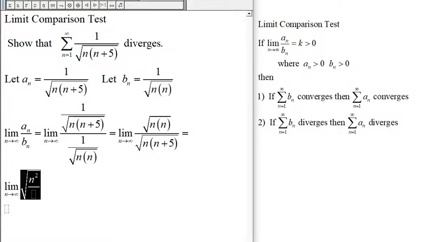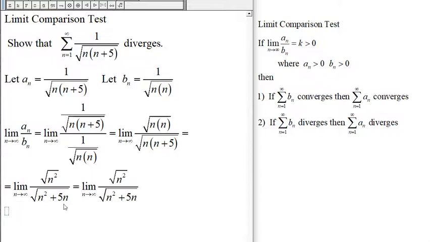So let's simplify this a little bit. So this is the square root of n squared, and then the bottom is the square root of n squared plus 5n. And then we can divide the top and the bottom by the square root of n squared.